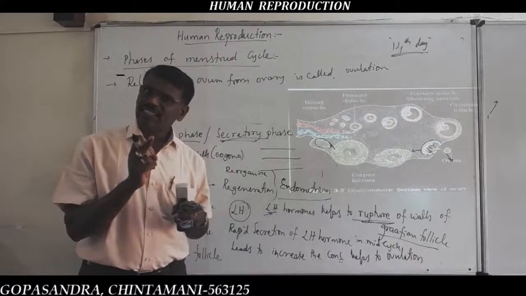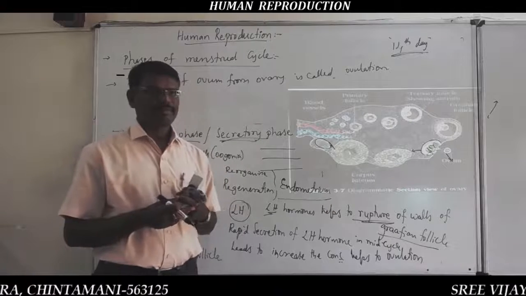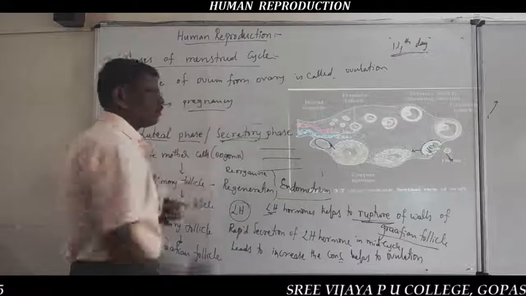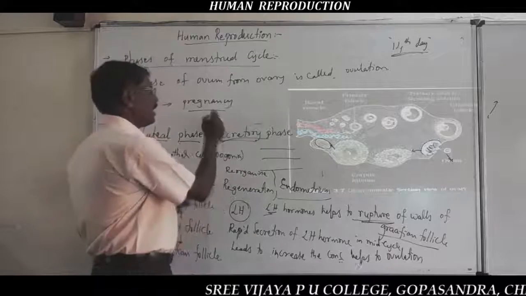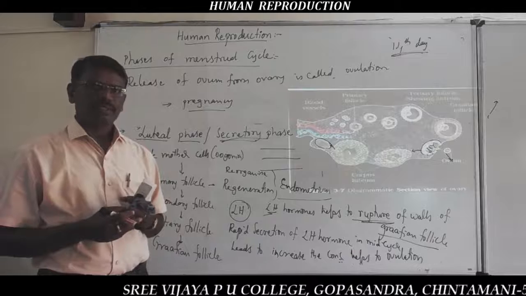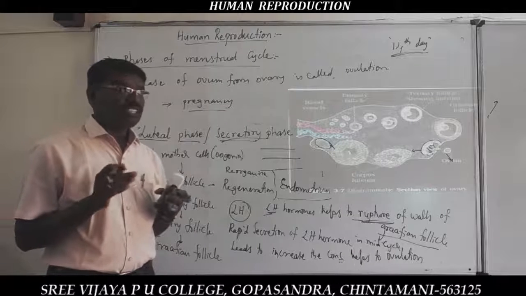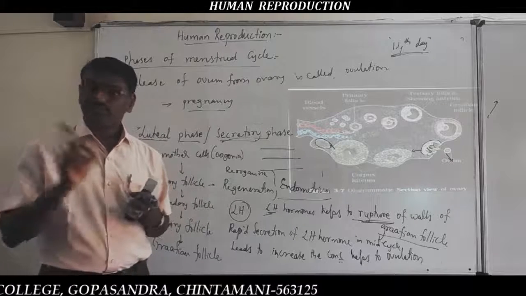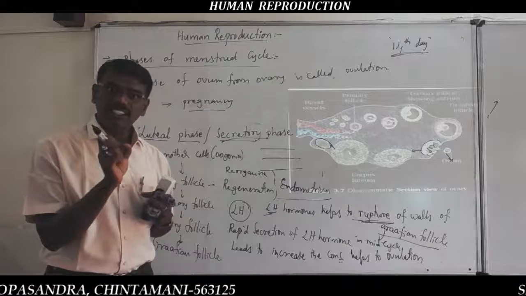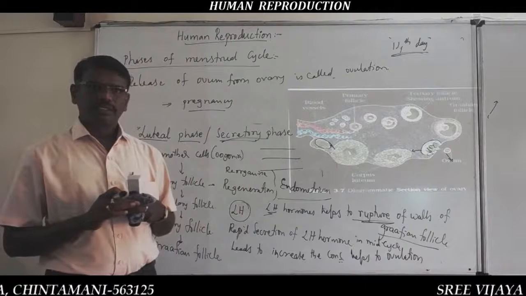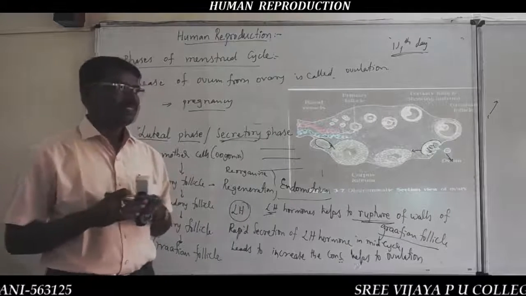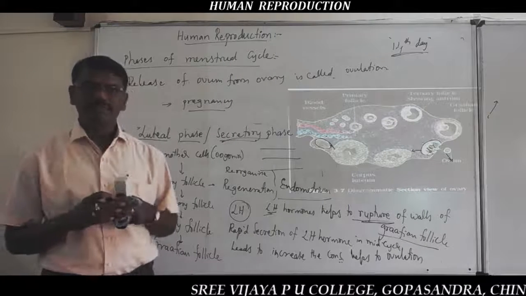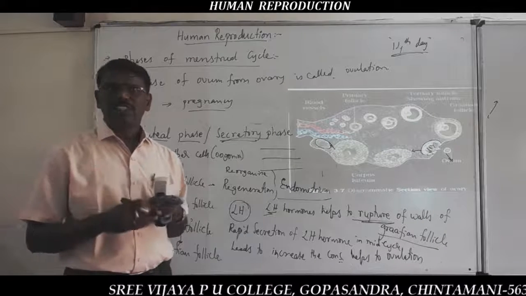If the menstrual cycle stops, it is an indication of pregnancy. But it is not only pregnancy; sometimes in females who suffer from stress or incomplete growth, the cycle may stop.